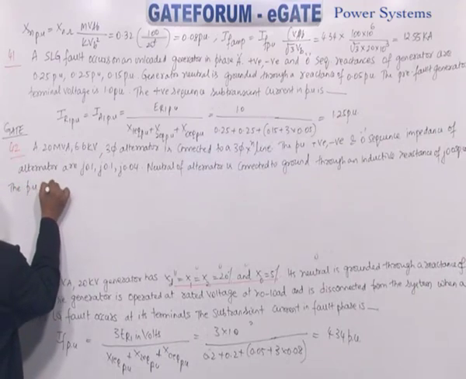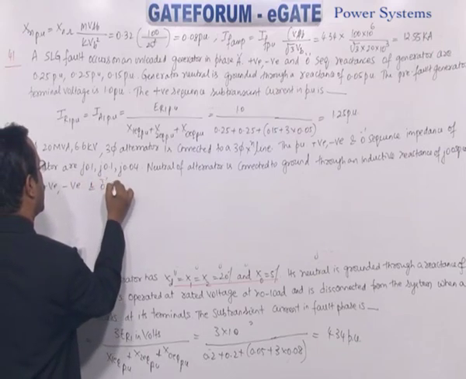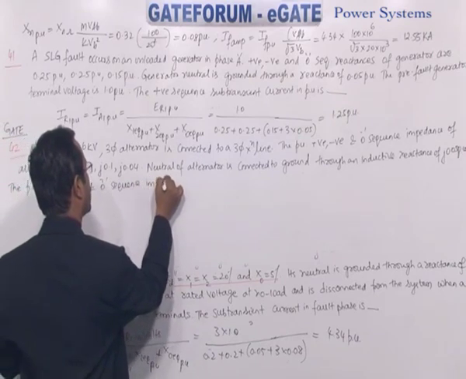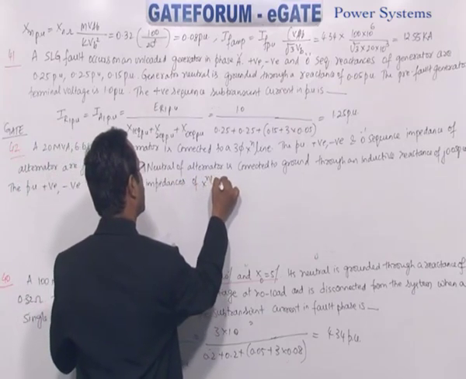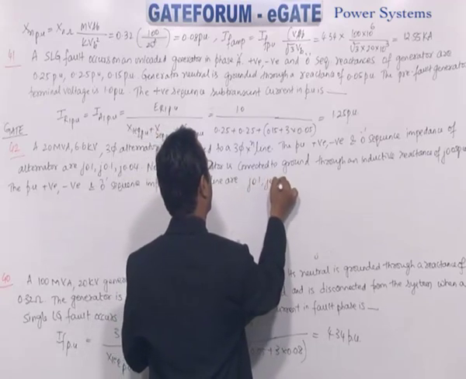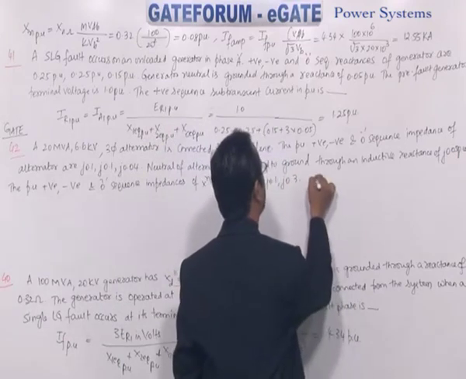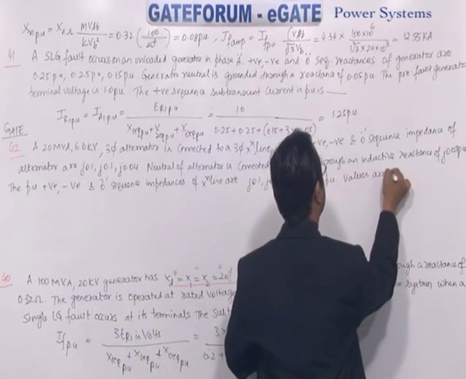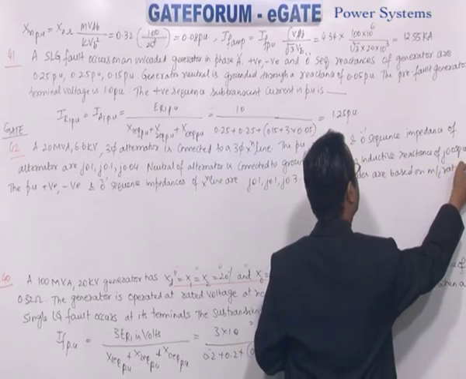Now further it is given the per unit positive, negative and zero sequence impedances of the transmission line are j0.1, j0.1, j0.3. Further it is given all the per unit values are based on machine ratings.